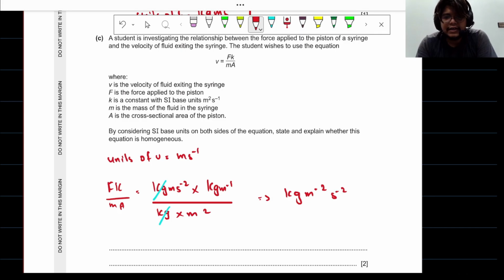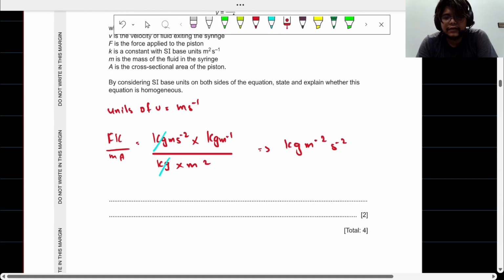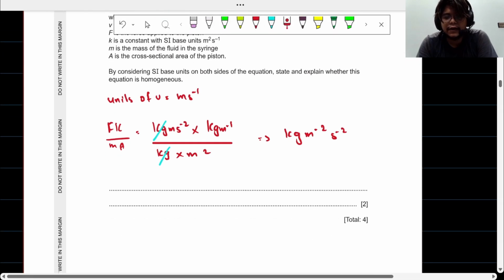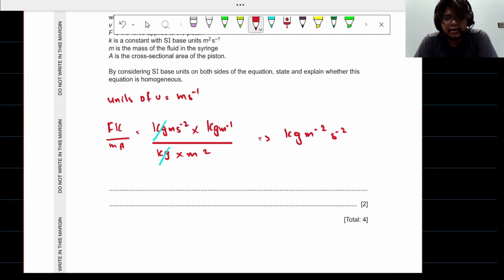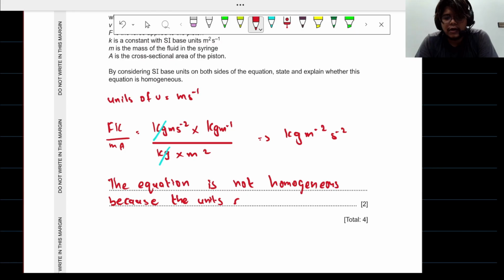So we can clearly see that the units on the right hand side of the equation and the left hand side of the equation are not the same. So we would state that the equation is not homogeneous, because the units at either side of the equation are not the same.